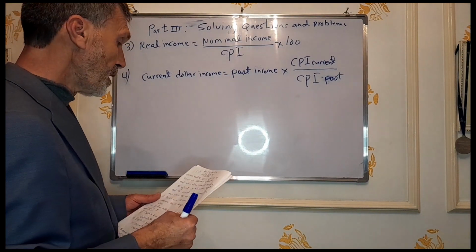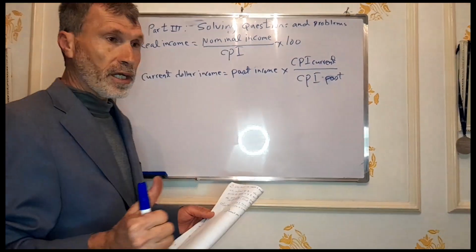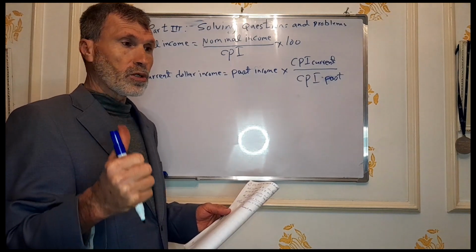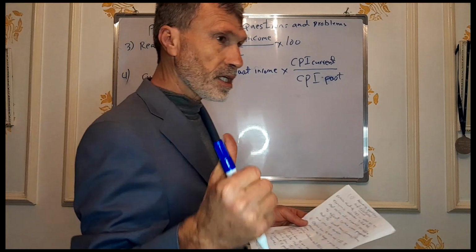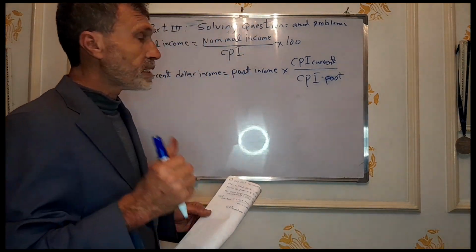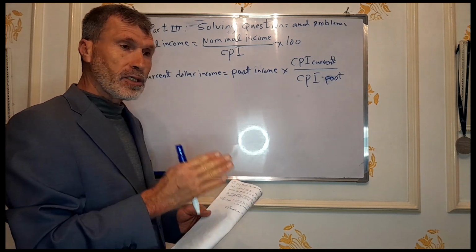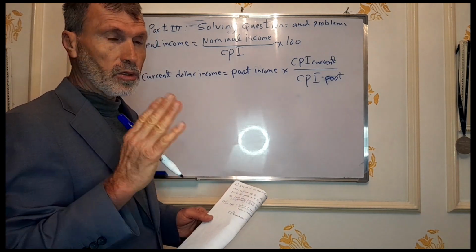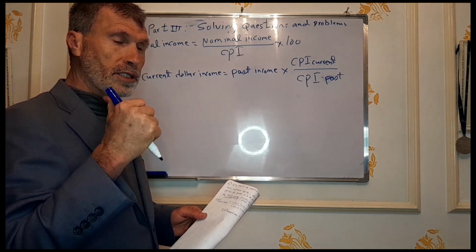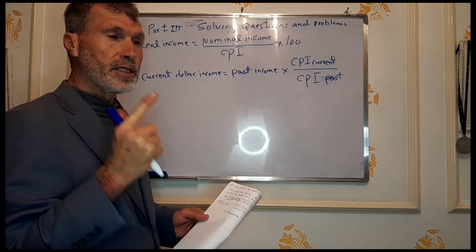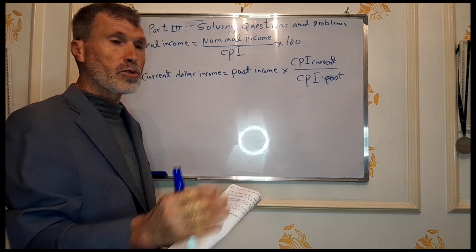As you can see, CPI is used as an economic indicator to find the real income, is also used to adjust certain economic variables, and also to convert past salary into current salary. So the CPI has many uses, and they are very important.